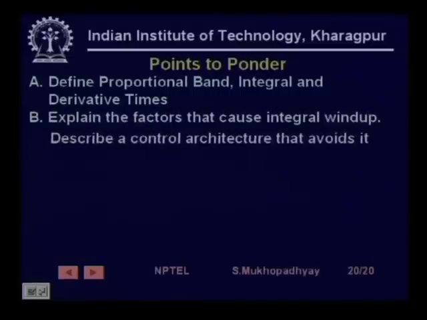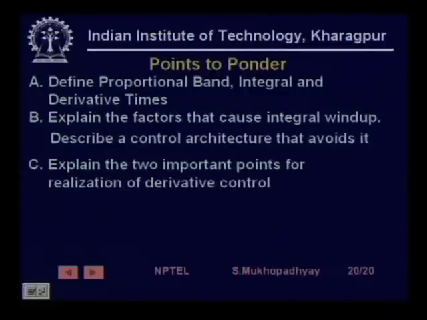You would like to explain the factors that cause integral wind up. Integral wind up is basically caused by two factors. So, what are those factors? And we have discussed in this lecture two control architectures which will avoid integral wind up. So, how to avoid that?